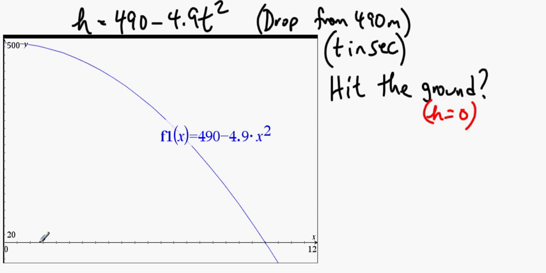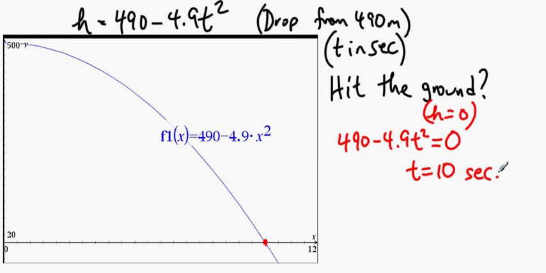This is where height is 0, so that's got to be right there. Now, if I don't want to count tick marks and figure out where that is, I could know that height is 0, so height is 0. And it should be easy to solve from there. That's not too bad. And it seems reasonable if you're dropping a ball from very, very high up that it might take 10 seconds to fall to the ground.